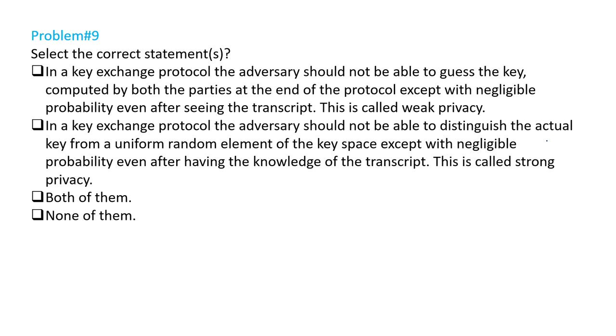By the correctness of the scheme, both sender and receiver should agree upon the same value of the key k, and even after seeing the communication between the sender and the receiver, which is called the transcript, an outside adversary should not be able to guess the correct value of the key upon which both the sender and receiver agree. That is the concept of weak privacy.